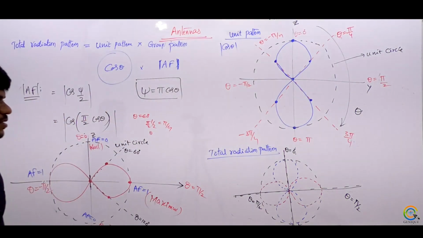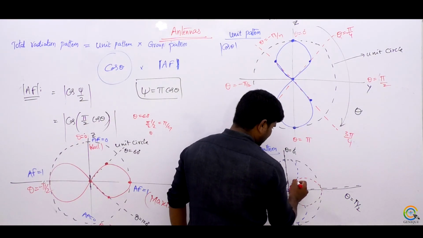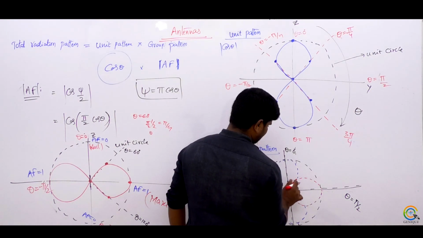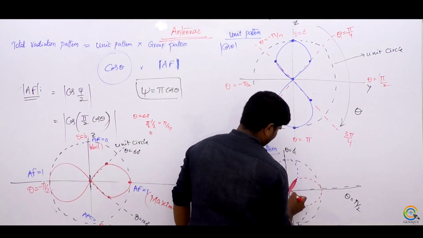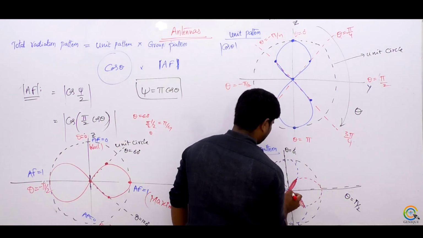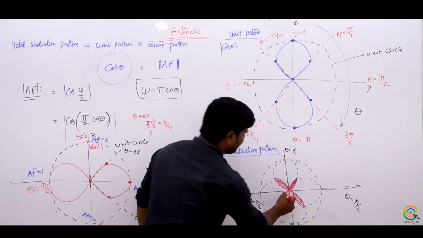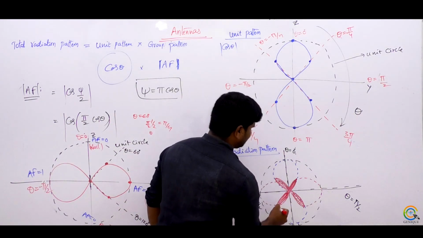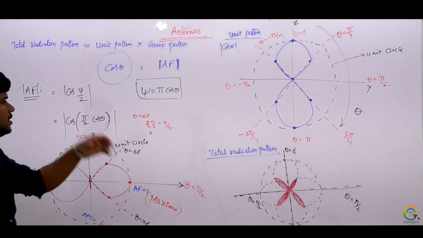So this is the final radiation pattern of this broadside array of two elements, the intersection of these. This is the final radiation pattern of this array.